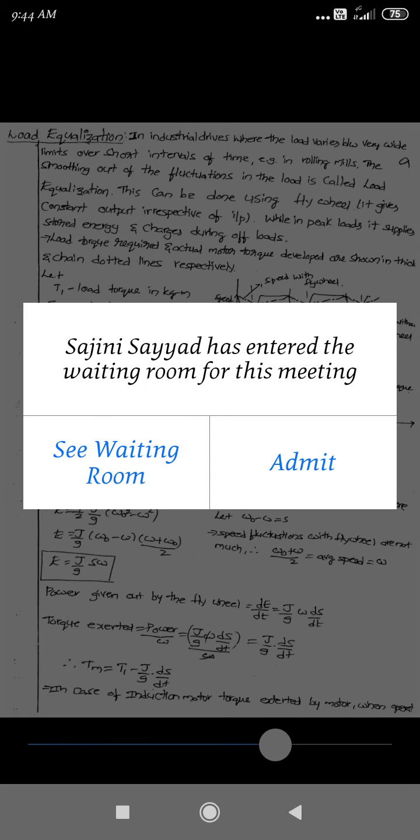Tf is the torque supplied by the flywheel in kgm, and T naught is the no load torque to overcome friction. J is the moment of inertia in kg meter square. t is the time in seconds, and omega is the speed of the motor at any instant in radians per second.